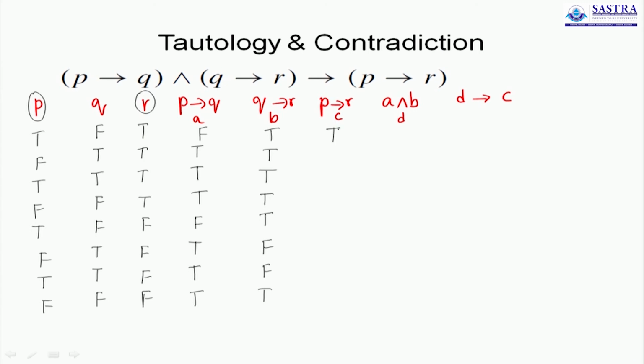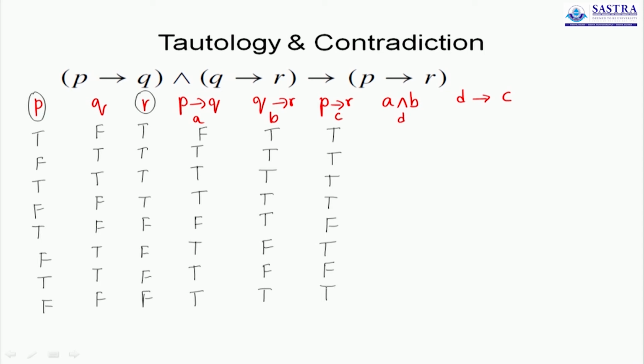So true and true is true, false and true is true, true and true is true again, false and true is true, true and false is false. For the first time we are having a false value. Row number 6 is false and false, which is true. Row number 7 is true and false, which is false. And row number 8 is false and false, which is true.